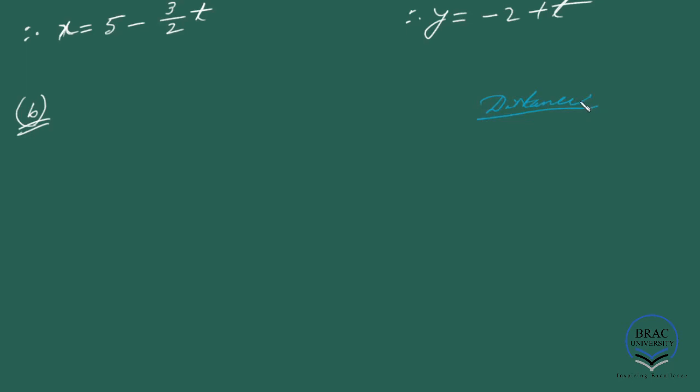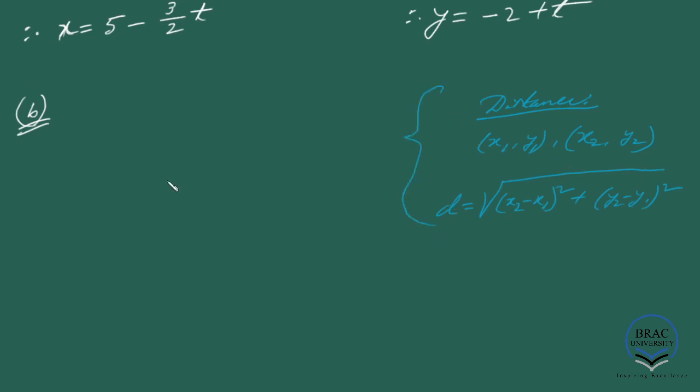If you are given 2 points, let's say x1, y1, and x2, y2, then the straight line distance between these 2 points would be the square root of x2 minus x1 whole squared plus y2 minus y1 whole squared. Now that's the formula for straight line distance.